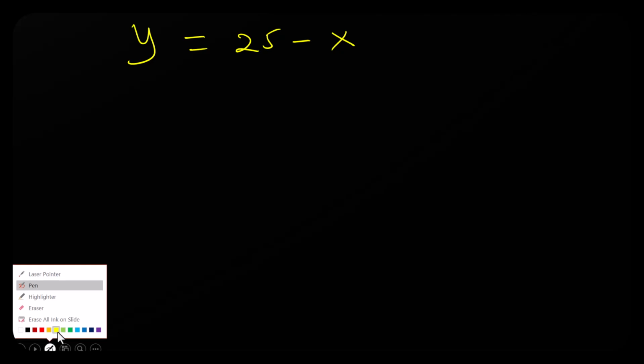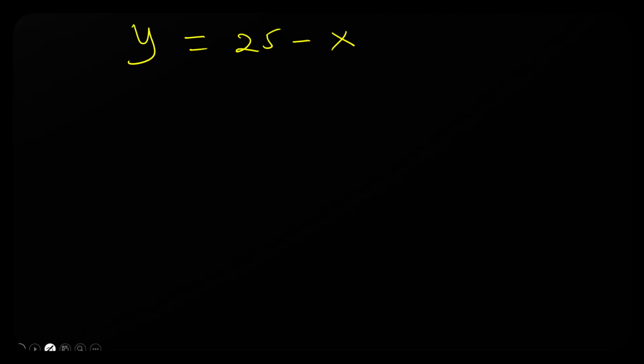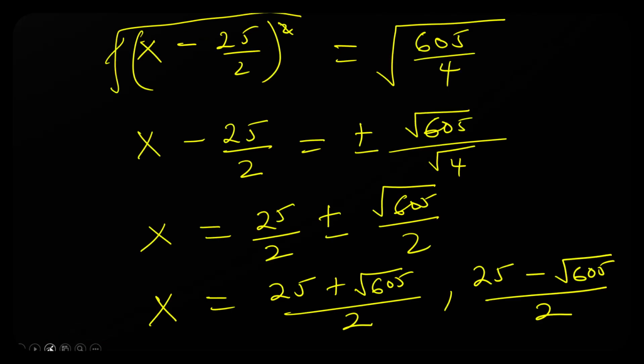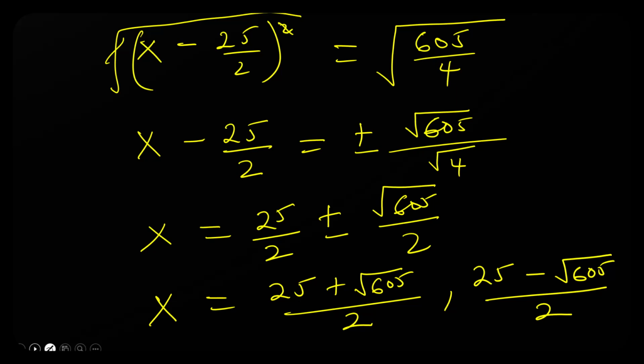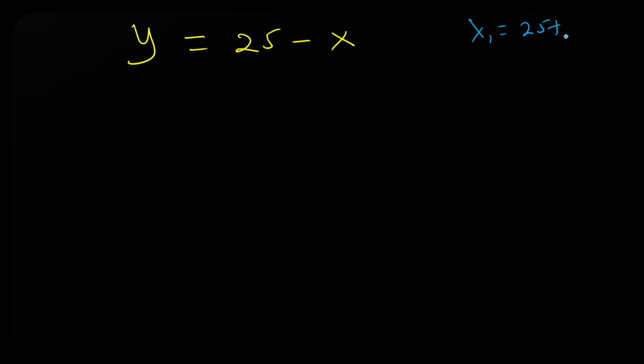But now x1 is 25 plus square root of 605 on 2. So okay, it's plus or minus that. So let's look for the first one. Okay, so this one is x1, x2.